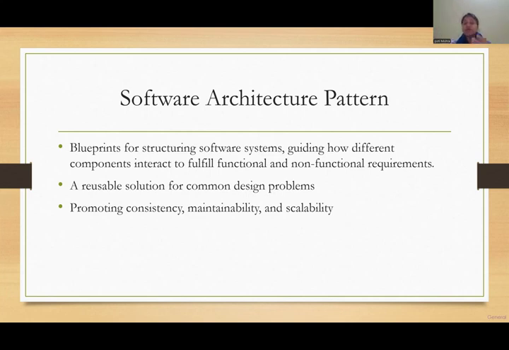So you can always reuse those common design patterns in your organization, and they help in promoting consistency and maintainability. These are the things which your blueprint helps us solve.